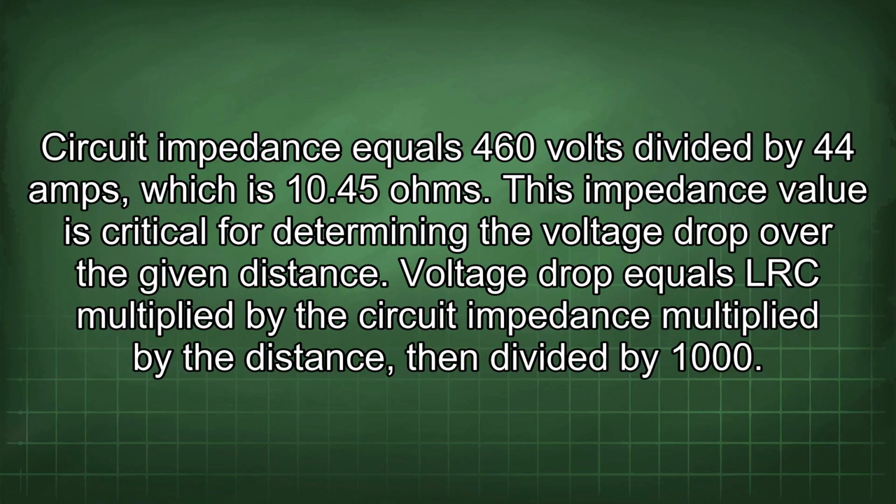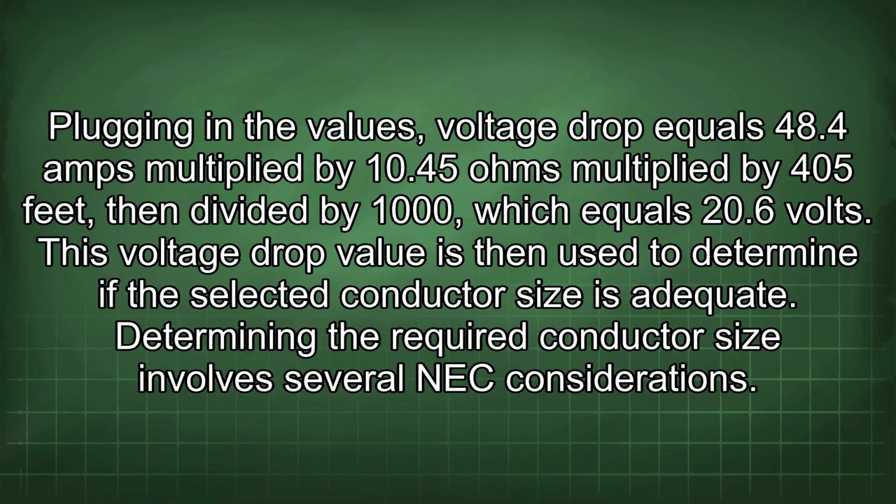Voltage drop equals LRC multiplied by the circuit impedance multiplied by the distance, then divided by 1000. Plugging in the values, voltage drop equals 48.4 amps multiplied by 10.45 ohms multiplied by 405 feet, then divided by 1000, which equals 20.6 volts. This voltage drop value is then used to determine if the selected conductor size is adequate.